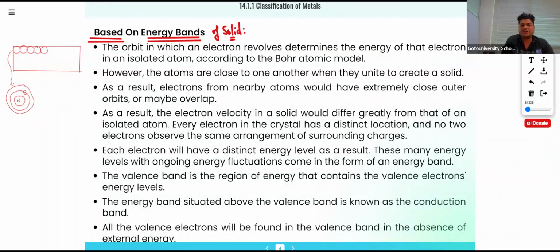Let us consider that we have 3 orbits here: first orbit, second orbit, and third orbit.